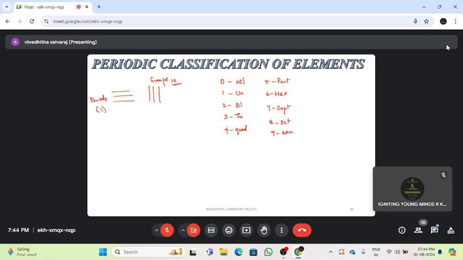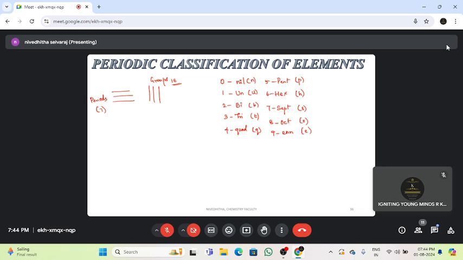And for every root name, there is an abbreviation. So for nil, it is n. For un, it is u. And for bi, it is b. Small u, small b. And for tri, it is t. It is q for quad, p for pent, h for hex, s for sept, o for oct, and e for enn. That's it.